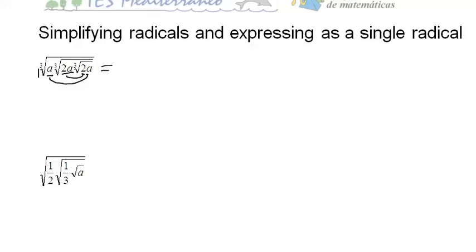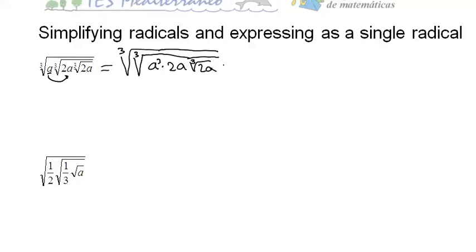So let me clean it up, and then okay, we've got a cube root, and then we also have a cube root, we can introduce this into the next one, and then we've got a cube times 2a under the cube root of 2a.